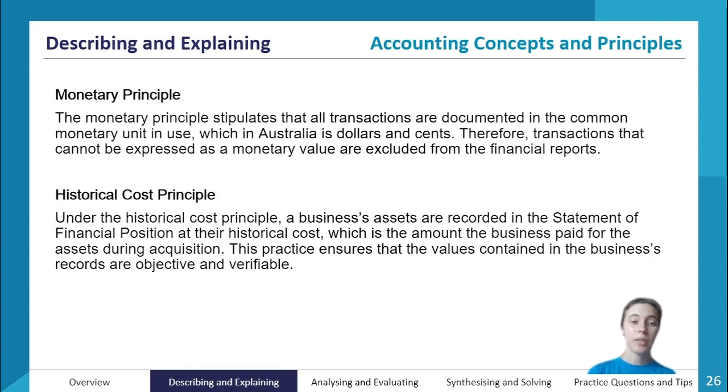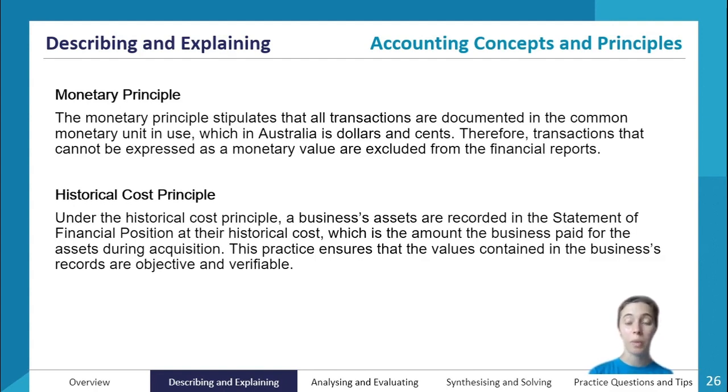The monetary principle, and so this stipulates that all transactions are documented in the common monetary unit in use. So this one's pretty straightforward, because we know that in Australia we've got dollars and cents. So the transactions can't be expressed as a monetary value from a different currency, and transactions can't be expressed.